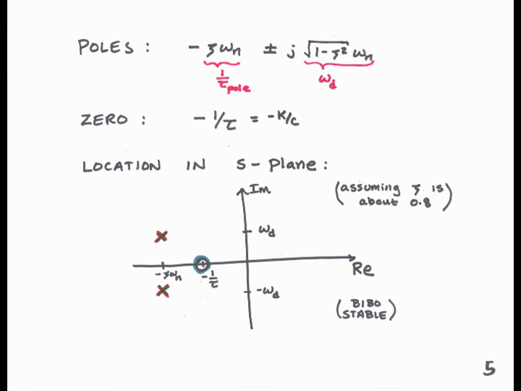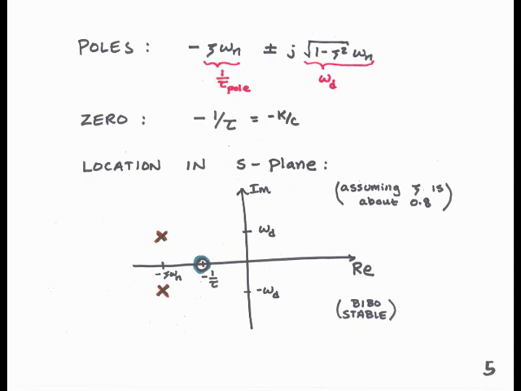Now let's find the poles and zeros of this transfer function in terms of these parameters. The poles are given by minus zeta omega n plus and minus j square root of 1 minus zeta squared omega n. And square root of 1 minus zeta squared times omega n is what we refer to as omega d, the damped natural frequency of the system.